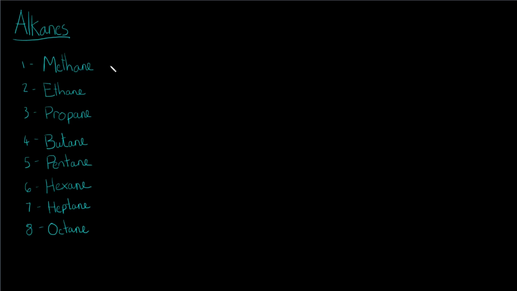So meth, we've had a little look at that just before. What does that mean? Well, that means that we have one carbon. That's what meth means. The last three letters, A, N, E, tell us it's an alkane, and we know that the general formula for the alkanes is CnH2n+2. So if we use that knowledge, with methane being one carbon, how many hydrogens would we have?